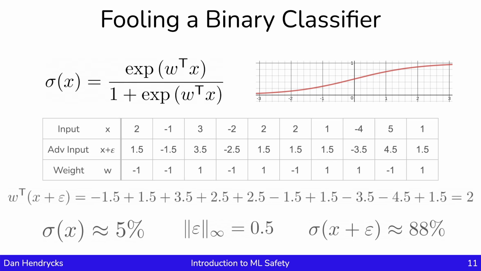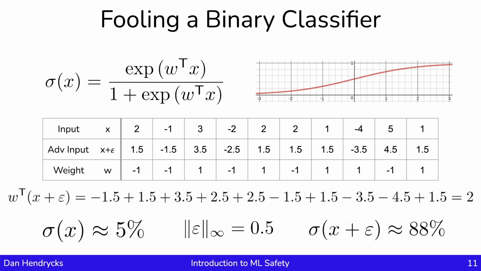But we could come up with an adversarial example that perturbs each input dimension by a small amount. If we make 2 become 1.5, and -1 become -1.5, and 3 become 0.5, etc., then we can change the sigmoid's value from 5% to 88%.